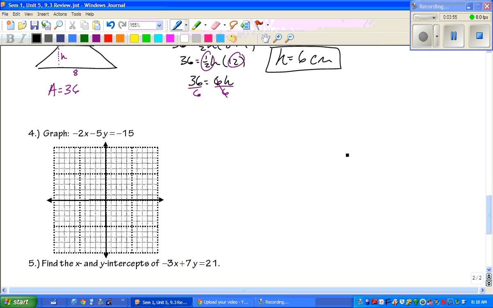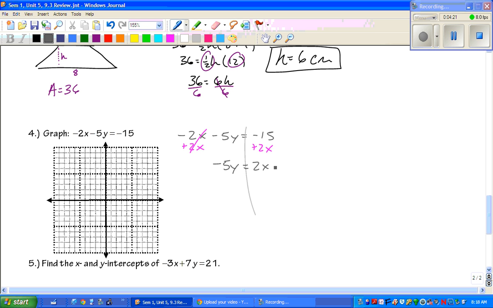All right, number 4 says to graph. So when we're graphing, we have to put it in y equals mx plus b. So we're solving for y. I'm going to add the 2x to both sides. Now the negative 15 and the 2x, are those same things or different?